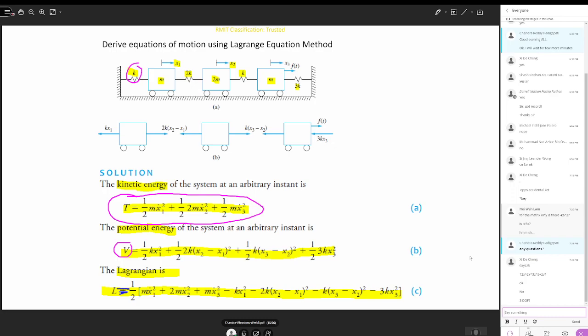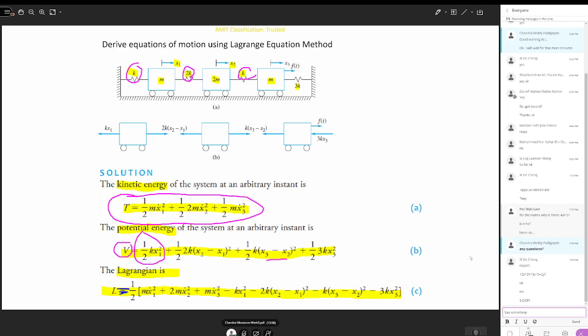You should know this from your dynamics course. So this is the energy due to the spring k. Now the potential energy due to the spring 2k: half 2k into the net displacement (x2 minus x1) whole square. Similarly for the third spring k, half k into the net displacement (x3 minus x2) square.